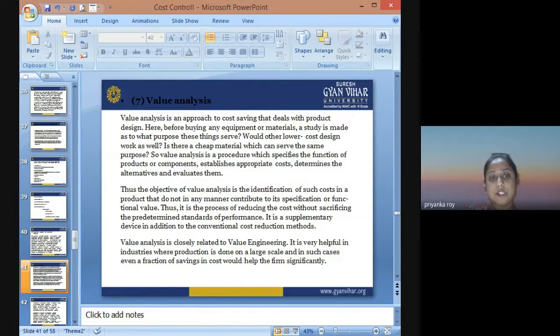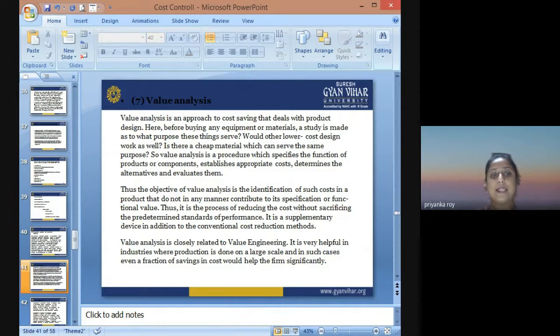So the objective of value analysis is the identification of such costs in a product that do not in any manner contribute to its specification or functional value. Thus, it is a process of reducing the cost without sacrificing a predetermined standard of performance. It is a supplementary device in addition to conventional cost reduction methods.